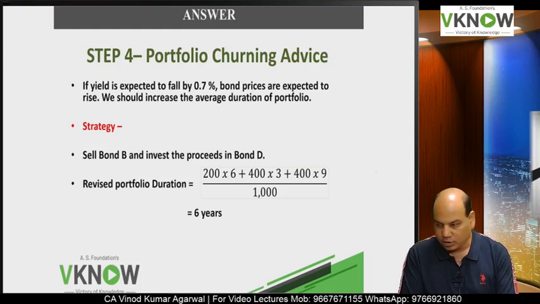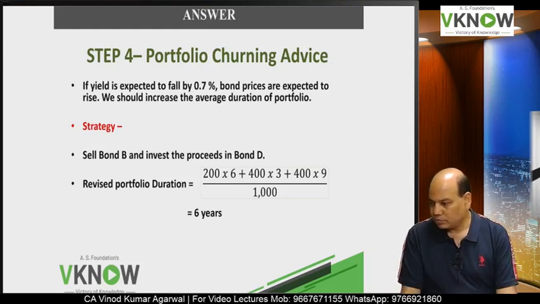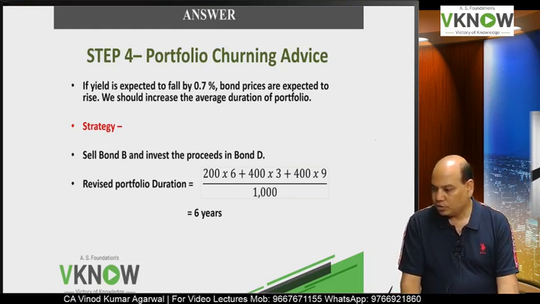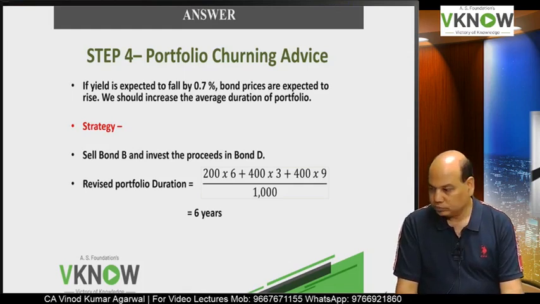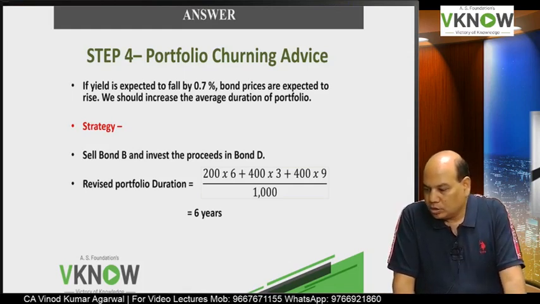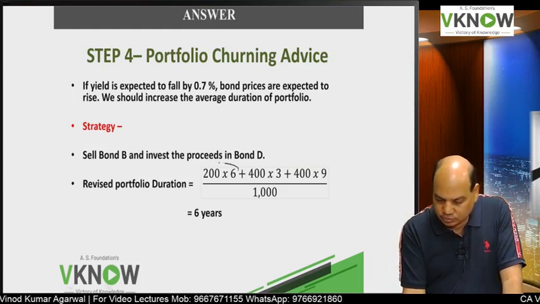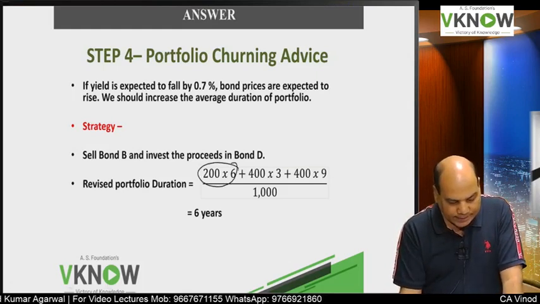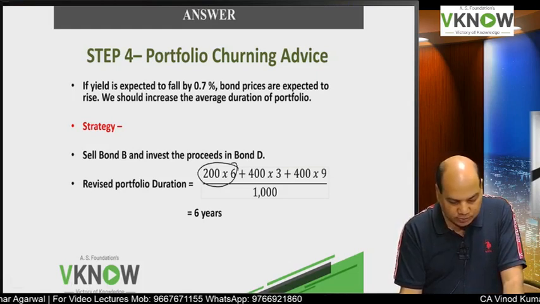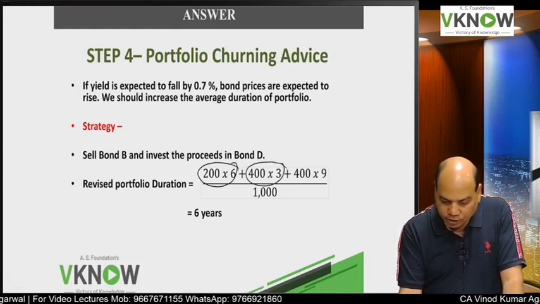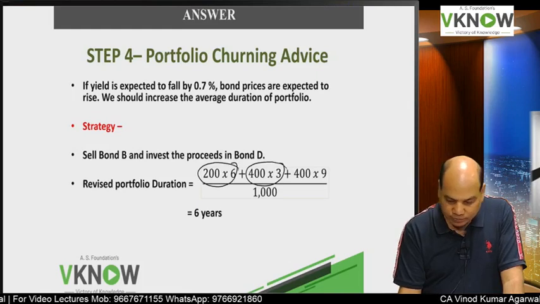So what will be my revised portfolio duration? My revised portfolio duration will be equal to 200 into 6. That will not change. This is bond A. Bond B will not be there. Bond C, 400 into 3 will be there.